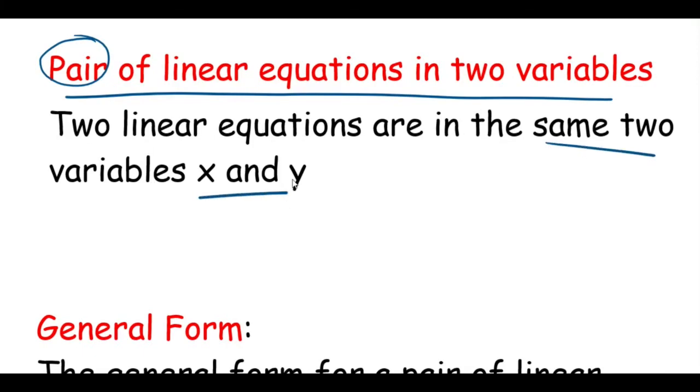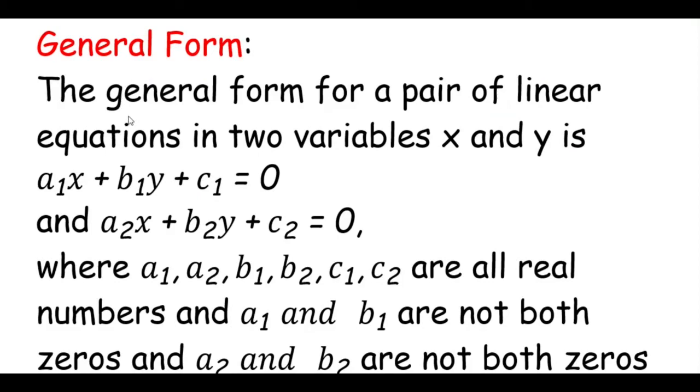So the general form of a pair of linear equations in two variables x and y is a1x + b1y + c1 = 0 and a2x + b2y + c2 = 0.